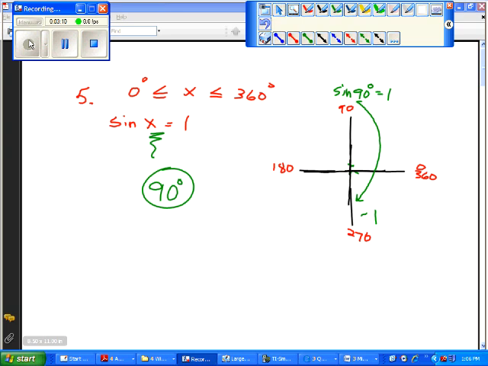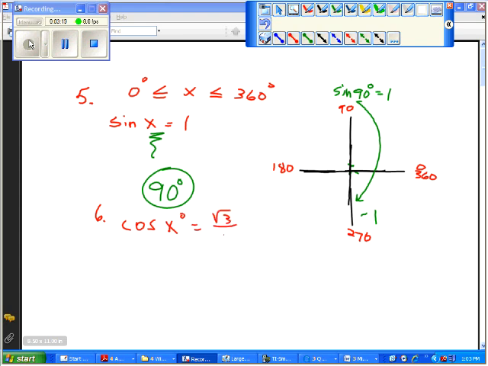Now, if we go to number 6, we've got cosine of what is square root 3 over 2. Now, we have to go to our memory bank and say, well, the cosine of what is square root 3 over 2? Well, that's 30 degrees, as I was talking about a while ago. And we say, well, but where all would that happen as far as reference angles then?